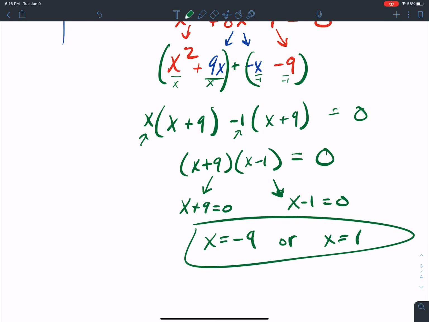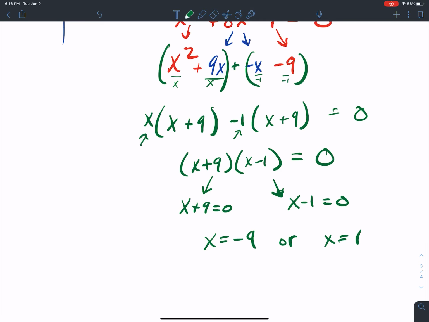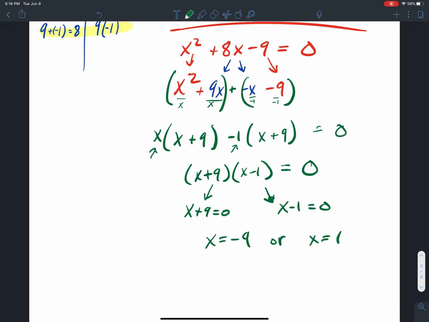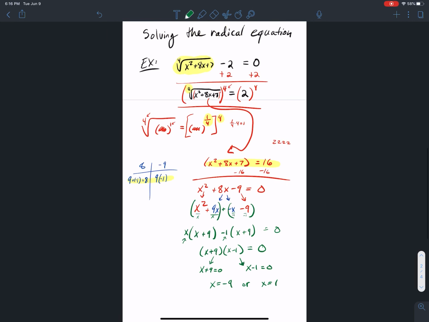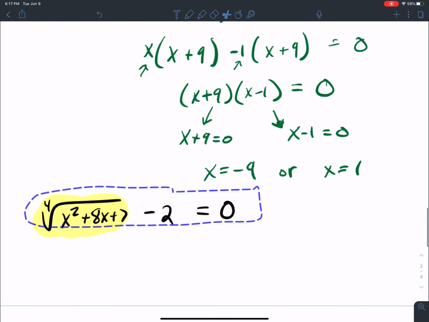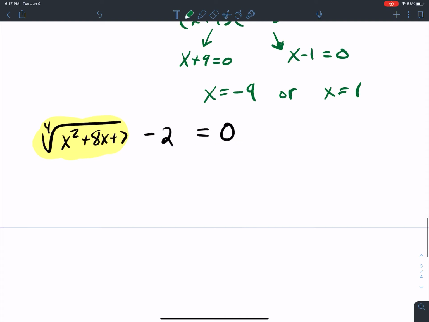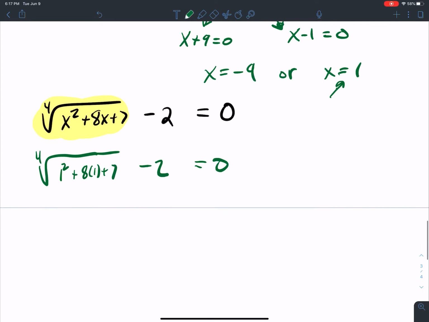Now, am I done right here? Not quite. I need to check, okay? So this one's going to be fun to check. Let's bring down the original equation to plug in. I'm going to plug in 1 first because that's easier. Fourth root of 1 squared plus 8 times 1 plus 7, minus 2, equal to 0. 1 squared is 1, plus 8, plus 7, that's 16.